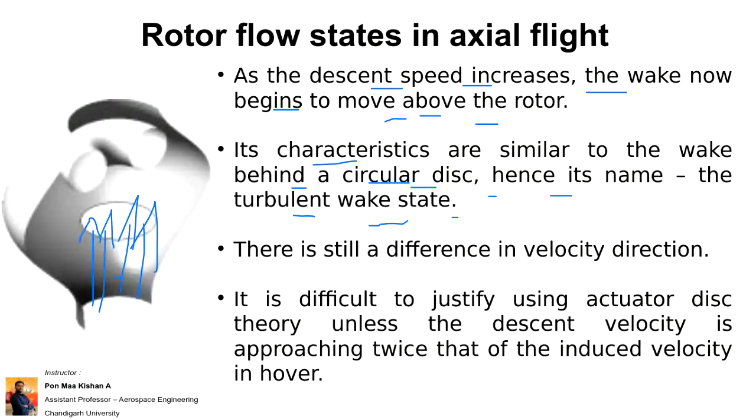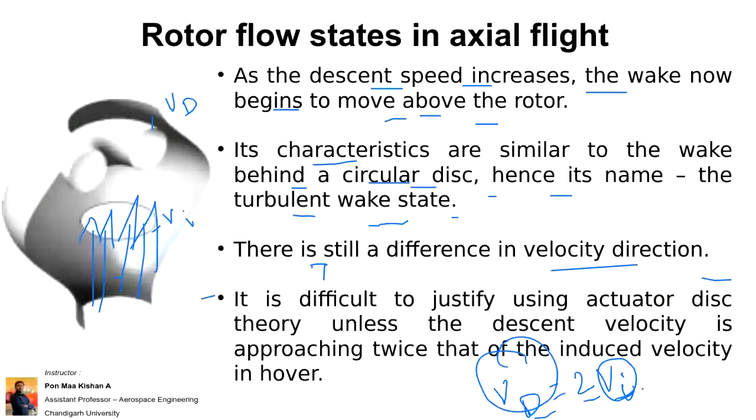So there is still a difference in the velocity direction, right? For higher velocity, the velocity is going to act from lower to upper, because the helicopter wants to descend. So it is difficult to justify using actuator disc theory unless the descent velocity is approaching twice that of the induced velocity. Yesterday we learned that Vd is equal to 2 times the induced velocity. So Vd is the exit velocity, the velocity of descent.